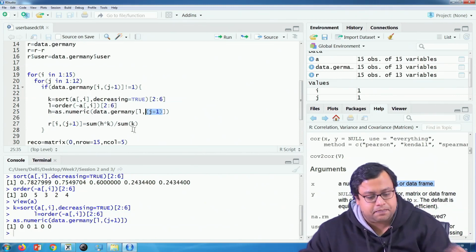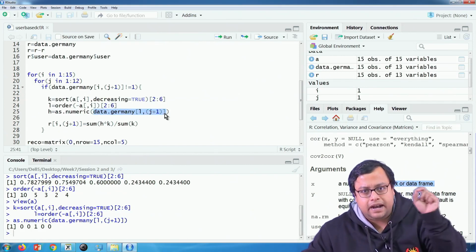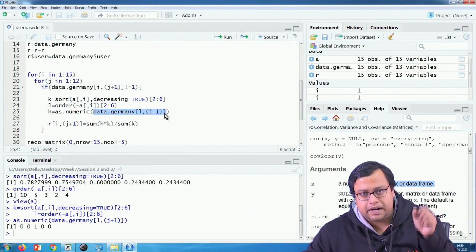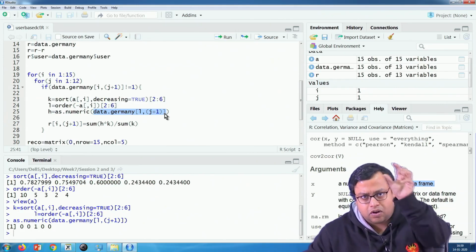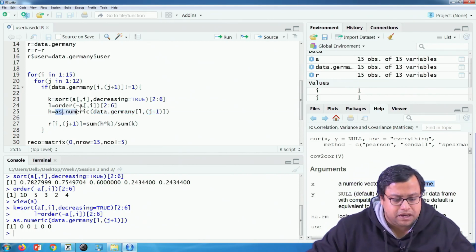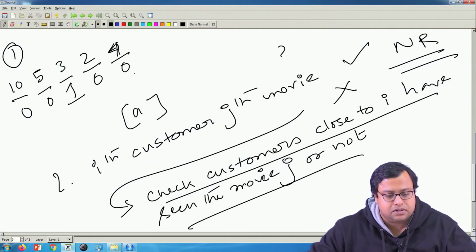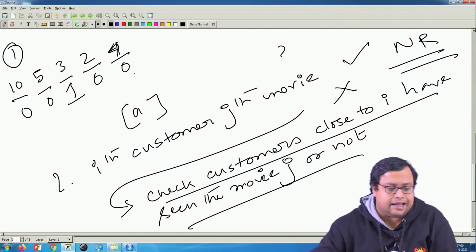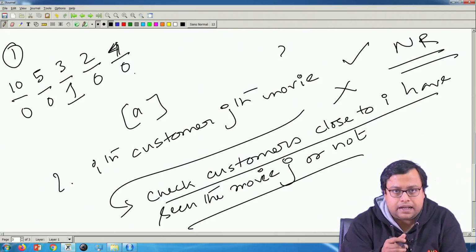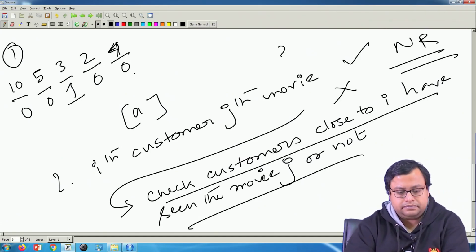So, L comma j plus 1 gives me the cell values where the column number is j plus 1 and the row number is L. Now, L has 5 entries, so all those 5 cell values will be given, and I am changing into numeric value. That numeric value is 0, 0, 1, 0, 0. That means the 3rd guy has seen it, and the 10th, 5th, 2nd, 4th, nobody else has seen.